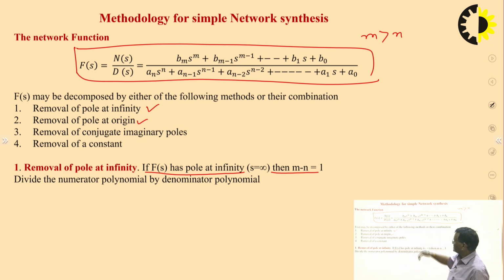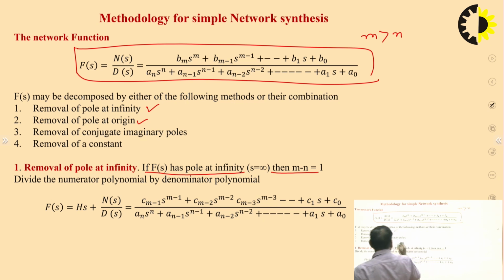What we do is divide the numerator polynomial by the denominator polynomial straight away. Once we divide, we get this term H(s) plus the remaining function, n dash s upon d. We have to carry out the division one time.